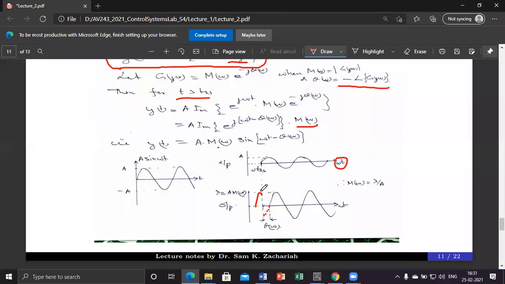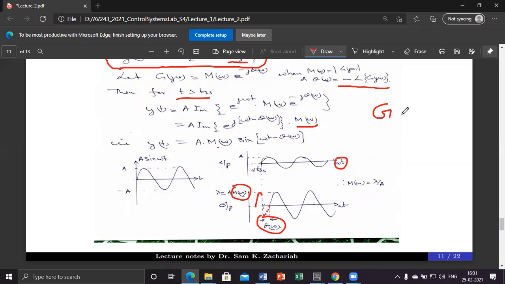By taking the ratio, you will get the magnitude of G j omega, and by taking the measured lag, you get the argument of G of j omega. This is how we can experimentally correlate the meaning of the sinusoidal frequency response with the transfer function.